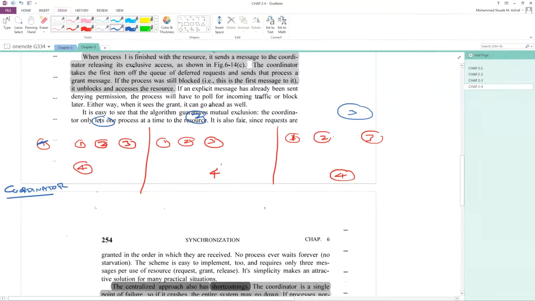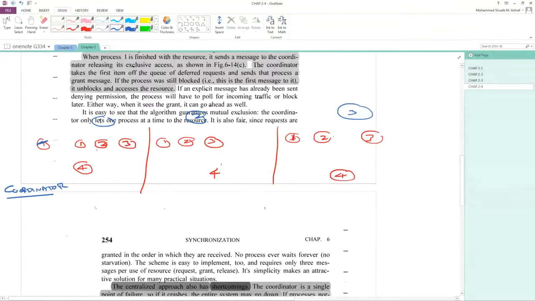We will see later how we select it. There are different algorithms to select the coordinator. We will see those algorithms in chapter number 4. Here, just understand that among the processes, the one with the biggest number is always the coordinator.